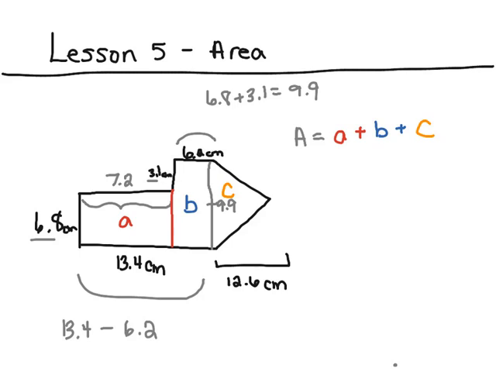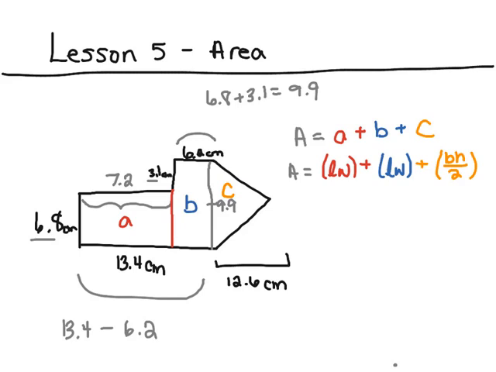So the area for A, because it's a rectangle, is length times width. Because B is also a rectangle, it's length times width. And because C is a triangle, you want to take your base times your height and divide it by 2. So this would be the formula for our area.